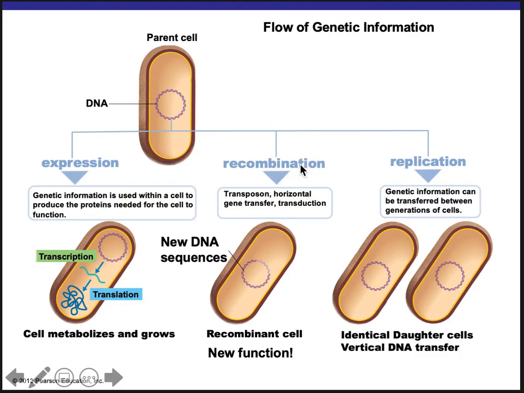Then we have recombination events. This is that bottom part of the outline that I showed you, where I refer you to another recording for horizontal gene transfer. It is not limited to horizontal gene transfer. It also includes transposon, which we'll briefly mention at the end of this lecture. So this just means any method to get a new combination of one or more genes, right?